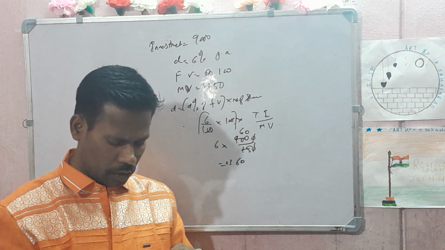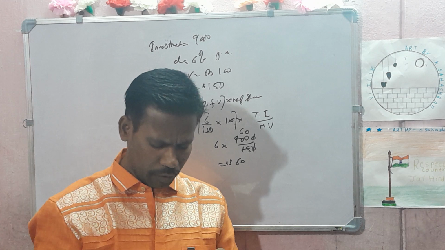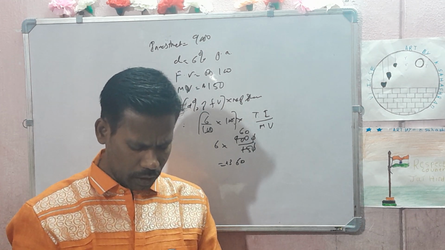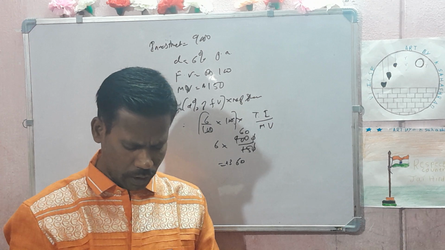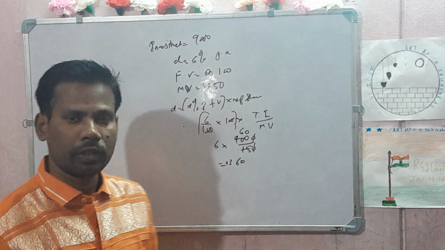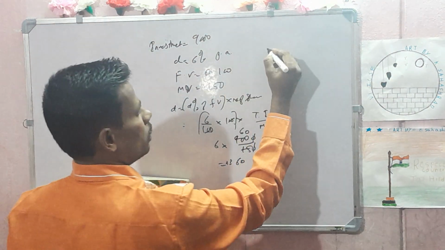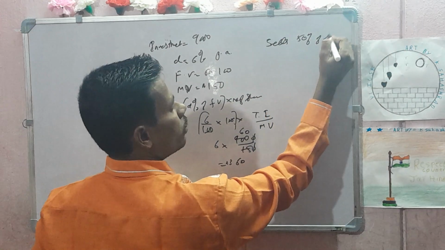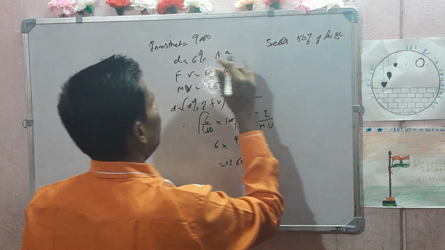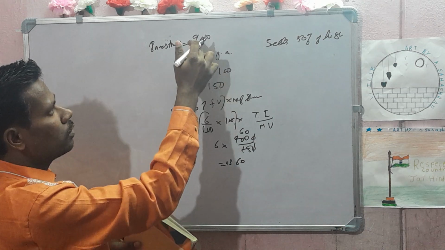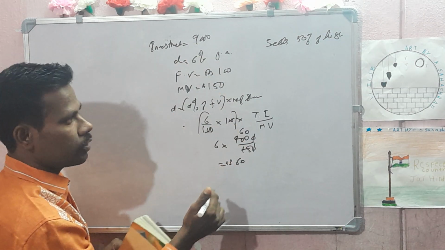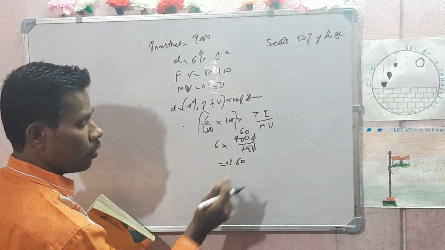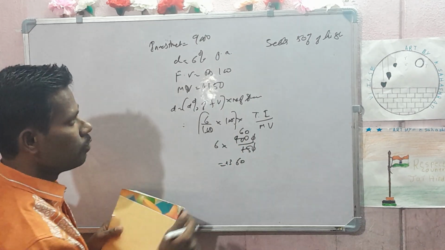Next, if he sells 50% of his shares when the price rises to rupees 200. He sells 50% of his shares. How many shares does he have? So number of shares. Next, again calculate case 2. Annual dividend is over.